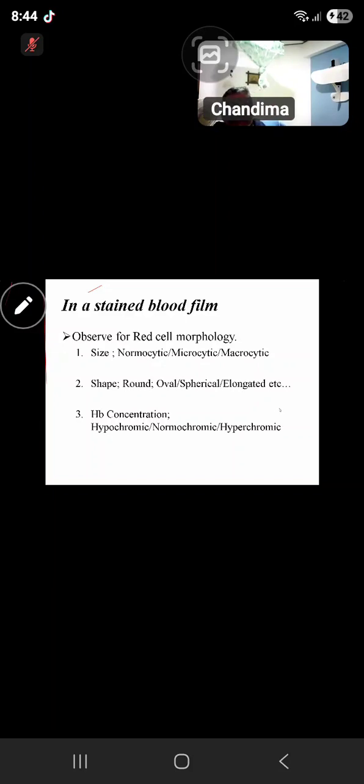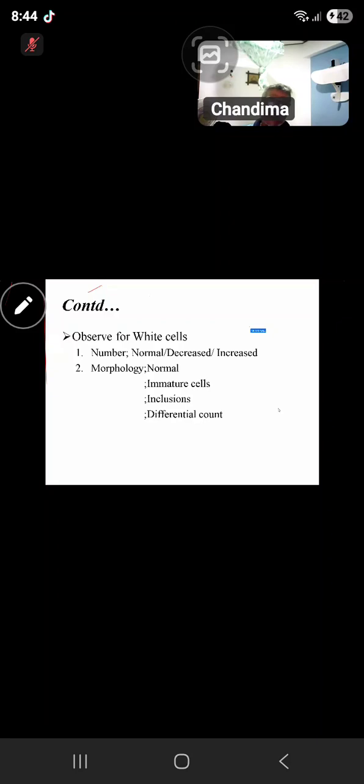Regarding the white cells, you have to observe the number, whether it is normal, decreased, or increased. In the case of increase or decrease, you have to mention whether it is a mild, moderate, or marked increase or decrease. Then observe the morphology and look for immature cells. Also observe for inclusions and do the manual differential count.